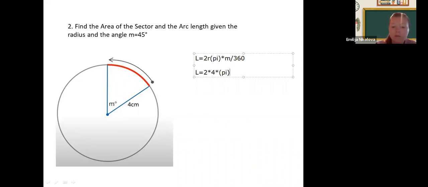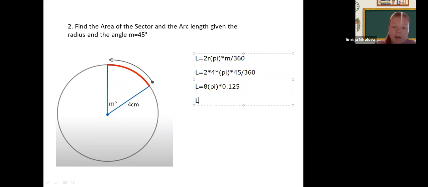And then times 45 degrees divided by 360. So now we need to calculate all of it. We have that 2 times 4 is 8, pi times 45 divided by 360 is 0.125.